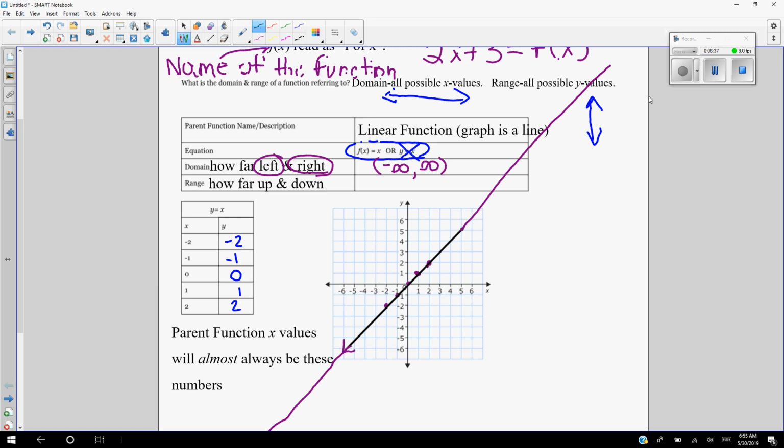Again, that's something we'll talk more specifically about later on. Range is how far up and down the graph goes. In this case, the range is the exact same thing, because as we said, it's going down forever and it's going up forever. If it's a diagonal line, domain and range will always be all real numbers.